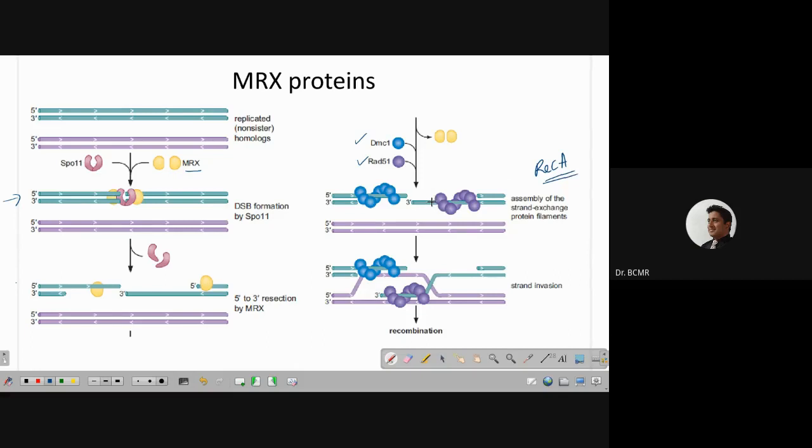Because of that, they exchange this strand or make the strand invasion possible, and then this is where polymerization will start. The same thing also happens on this side, and you will end up forming 2 Holliday junctions, and then resolution will occur. Okay, the names change, the concept remains the same, right?